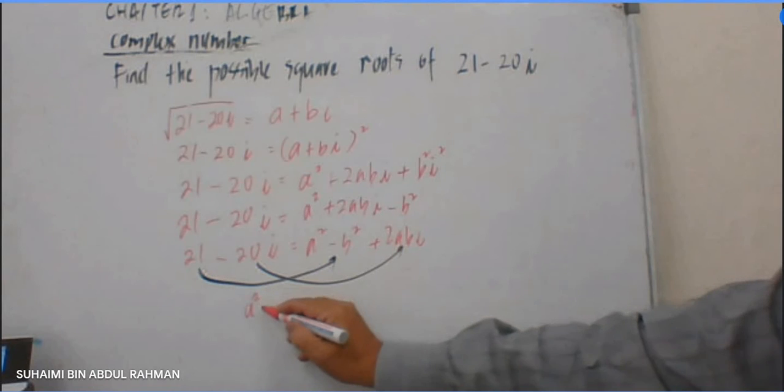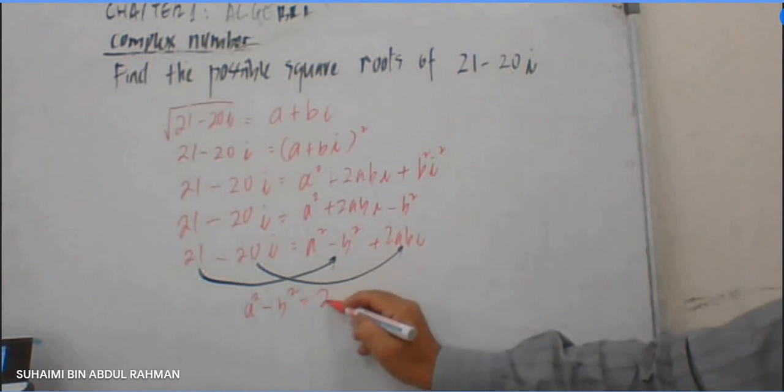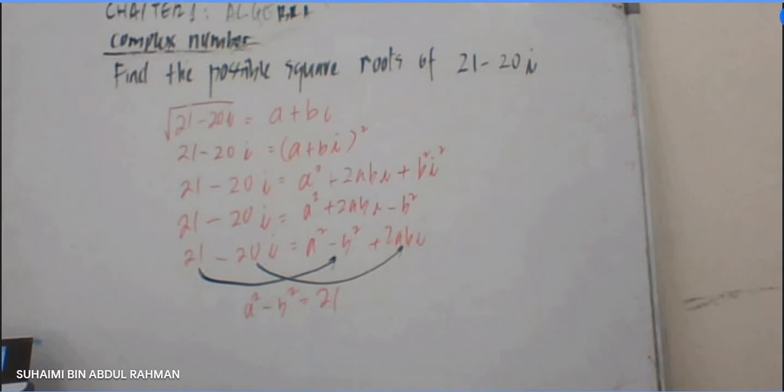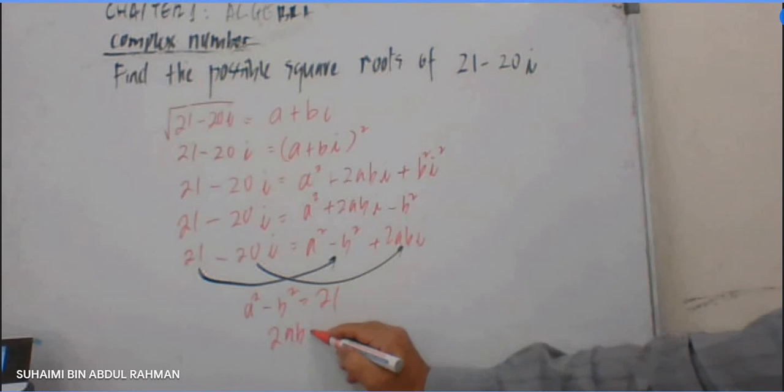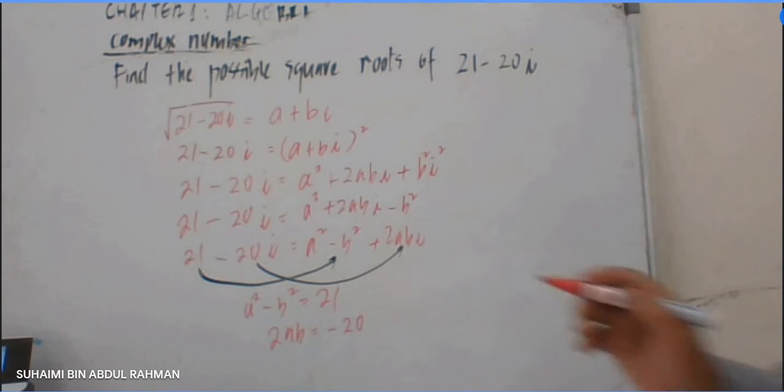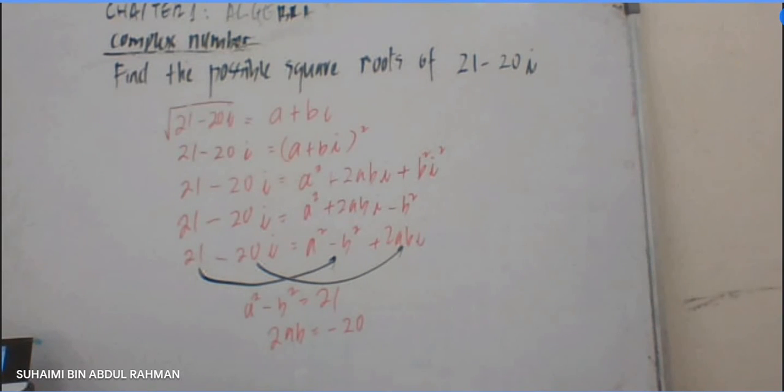So a square minus b square equal to 21. And 2ab equal to minus 20. When we compare.